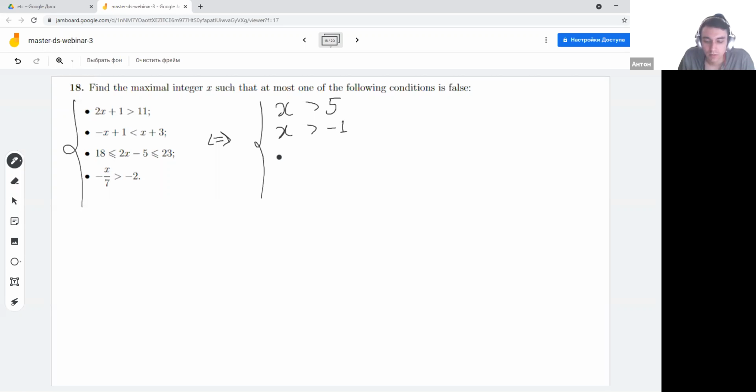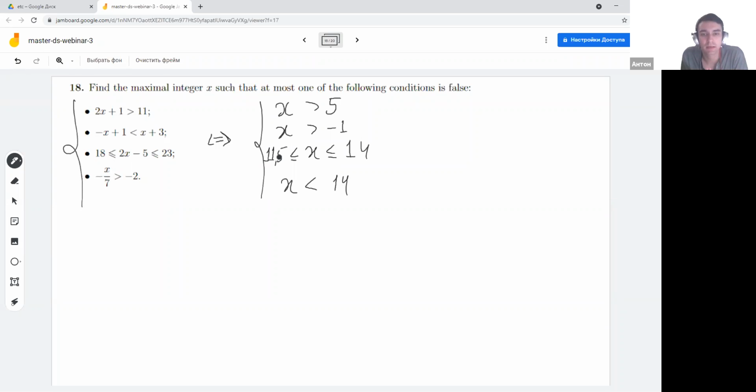And also here, x is less or equal than 28 divided by 2, which is 14, and greater or equal than 23 divided by 2, which is 11 and a half. And also here, x is less than 14. Okay.